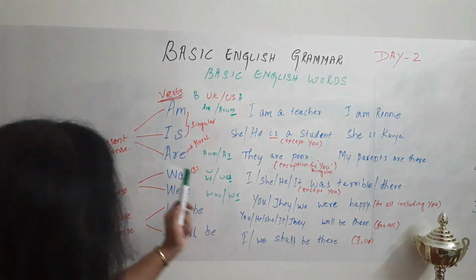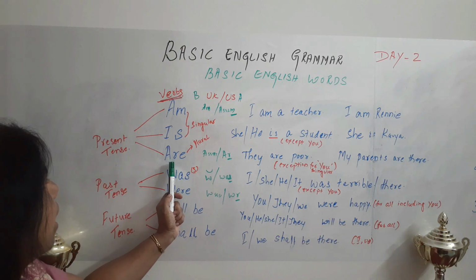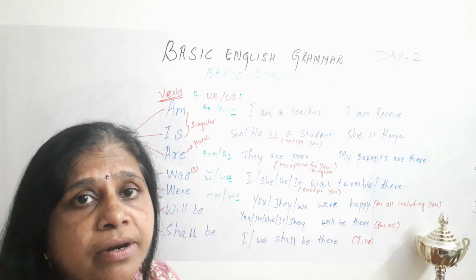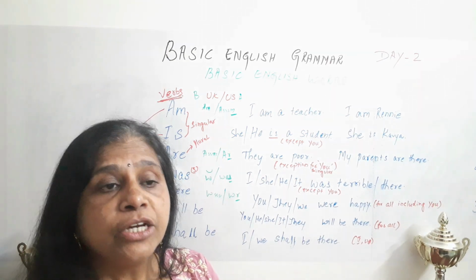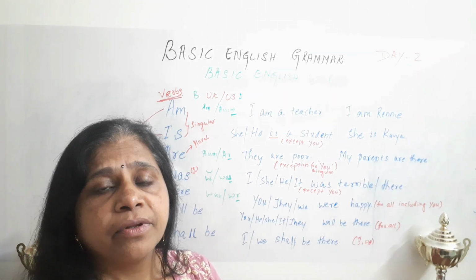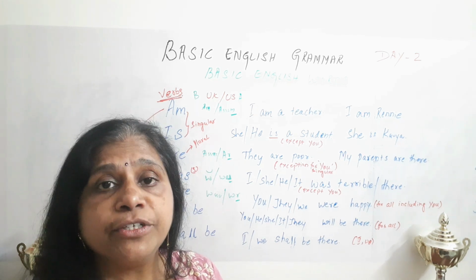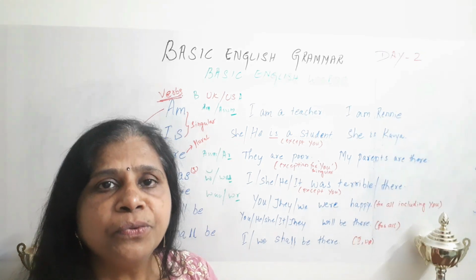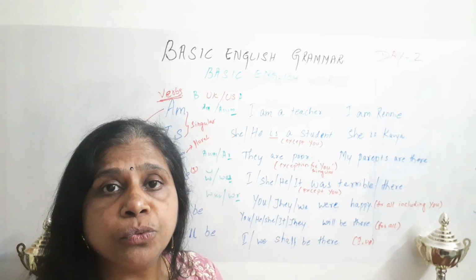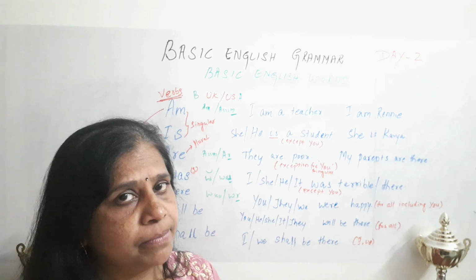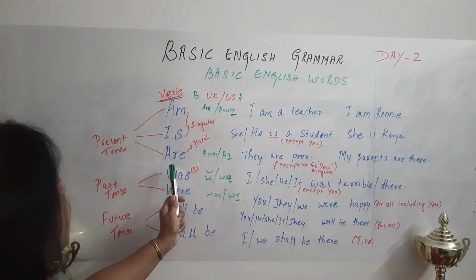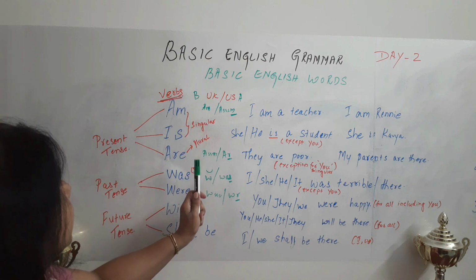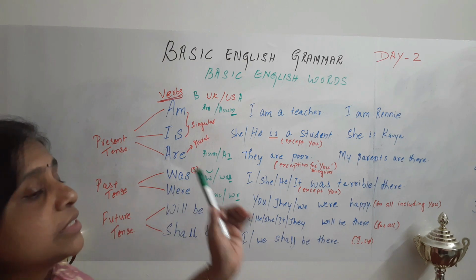Alright. Then coming to are, we always use it for plural. Plural in the sense two and more, not for singular. Are we use it always for plural. Plural means two and more than two people or things. Alright. Now, how to pronounce this? In British English, it comes as a.